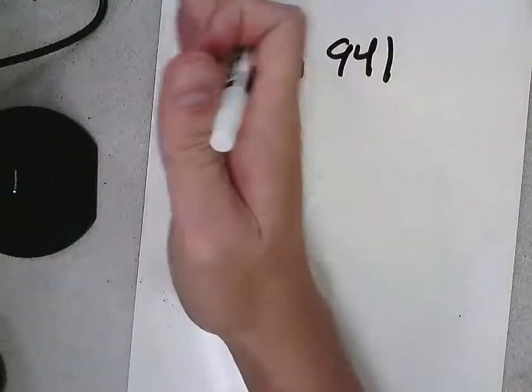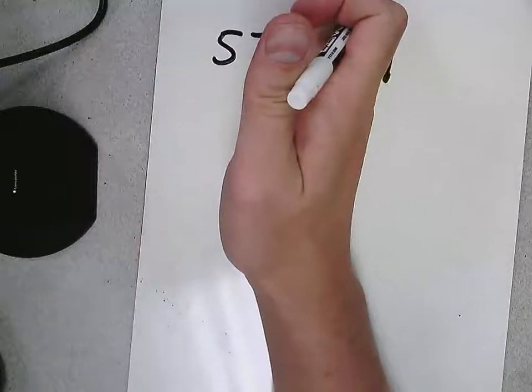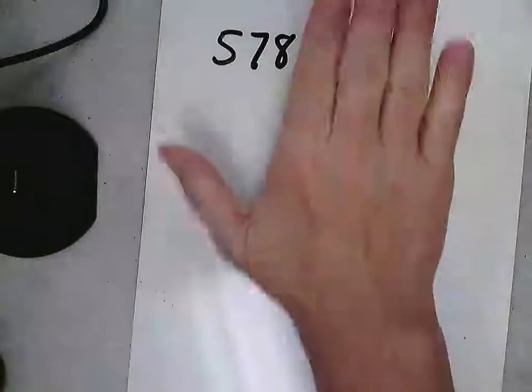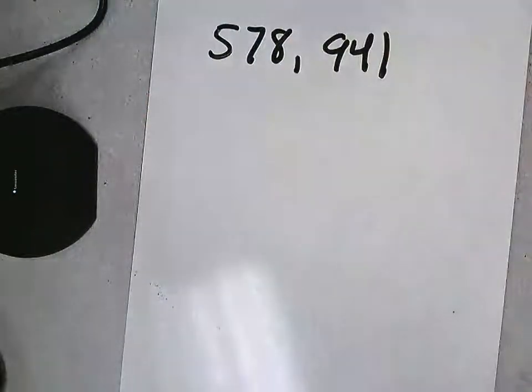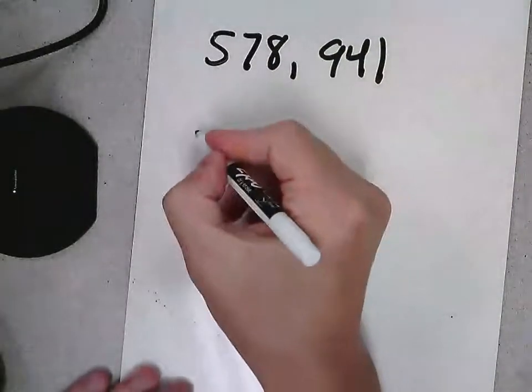So say it all together. Read this whole number, so that's 578. If we got rid of this, it would just be 578. So it's 578,941.